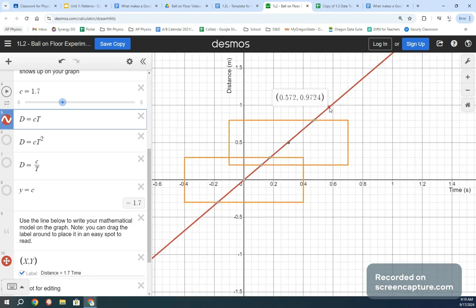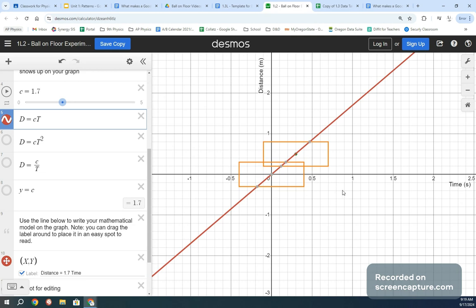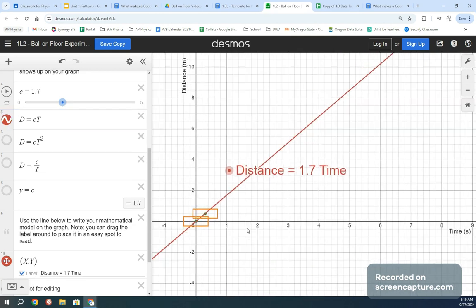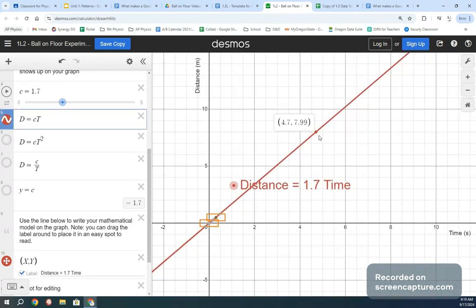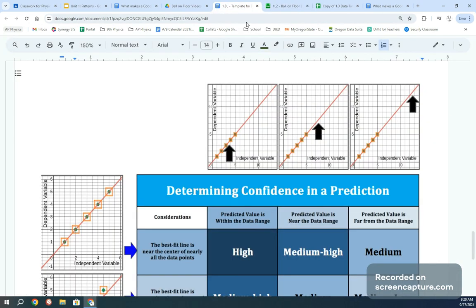If you're predicting something just a little bit outside of those two points, we can still be reasonably confident. But if we start making predictions way outside of our data set, and the rule for that is if it's more than double our highest value, then we're not as confident. We're not sure that those patterns hold true.